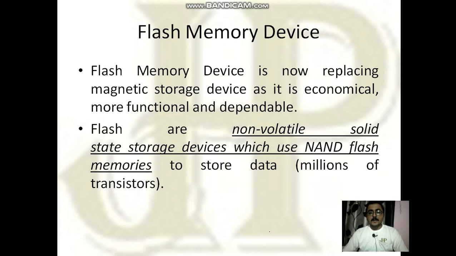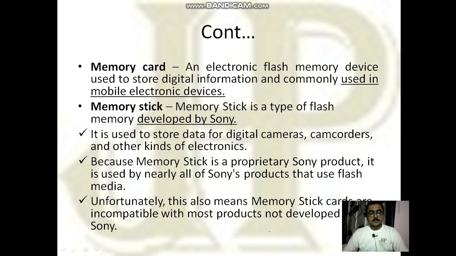Flash memory is a non-volatile solid state storage device which uses NAND flash memories, and these NAND flash memories are used to store data. It consists of millions of transistors. Clear?